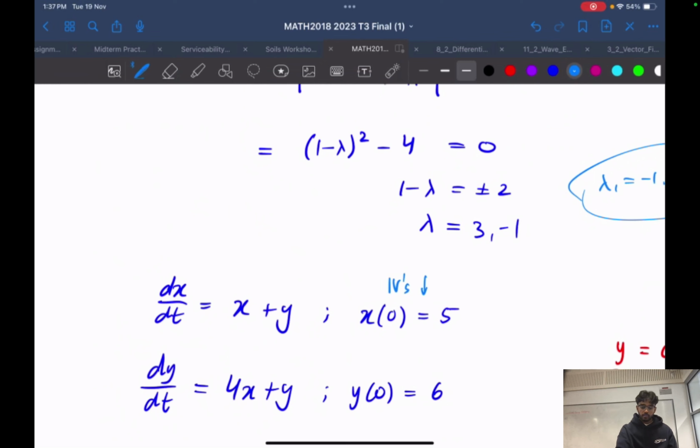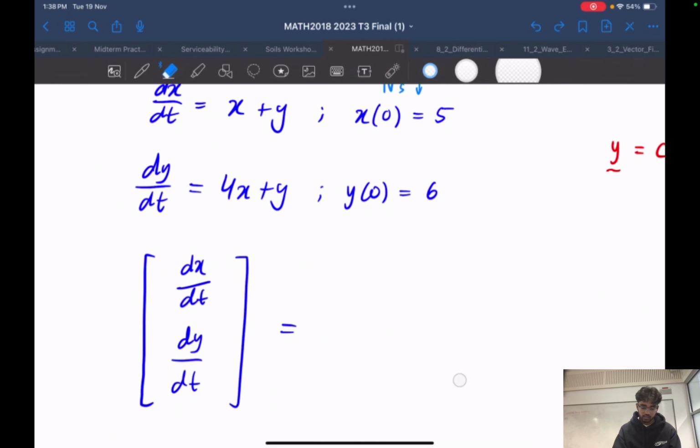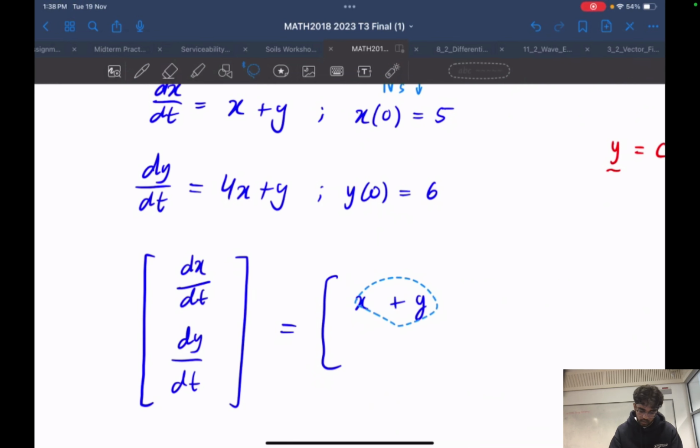Okay, you're going to have to use matrices for this question. So what I've done, I've put it into vector form. So dx/dt, dy/dt, right? And I've kind of skipped the solution here. So this is equal to x plus y, and this is equal to 4x plus y.